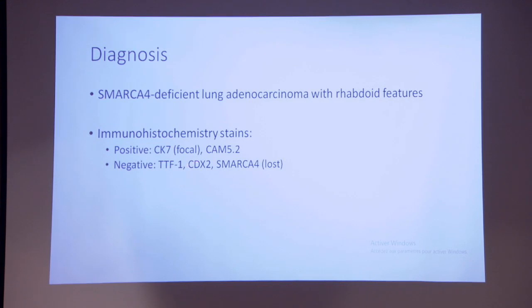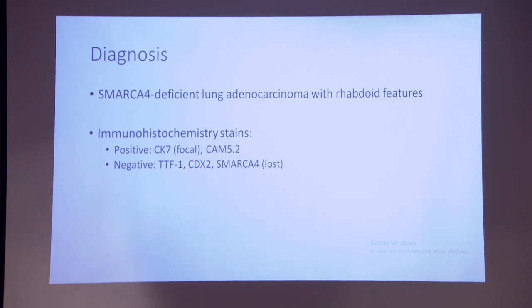And those were SMARCA4 intact. So in all likelihood, he actually had two processes going on, likely as a function of his heavy smoking history. For this particular lesion, again, I showed you some of these stains. It was actually TTF1 negative in both the glandular and the solid component. And again, CDX2 was also negative.